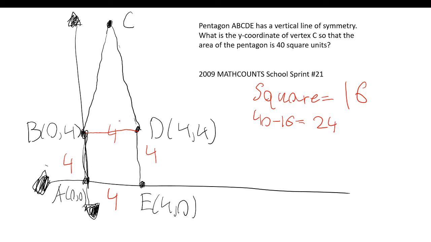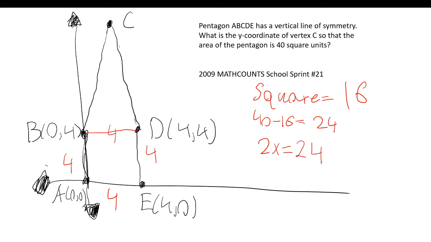Now we already have the base, and we know the area of a triangle is just half of base times height. So the base is 4, half of 4 gives us a 2, times some height, which I'm going to call x, needs to give us 24, since this must be 24 and this is 16.